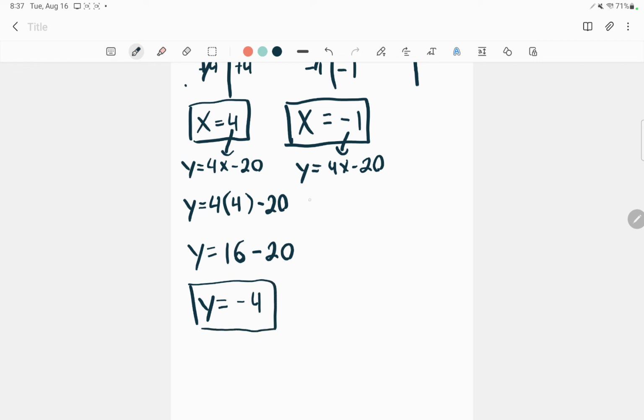Over here, we're going to do y is equal to 4, parentheses, negative 1, minus 20. So 4 times negative 1 is going to be negative 4 minus 20, which is y is equal to negative 24.